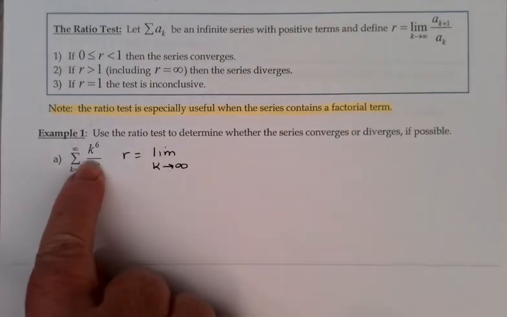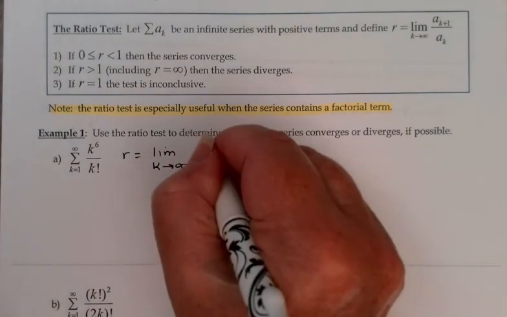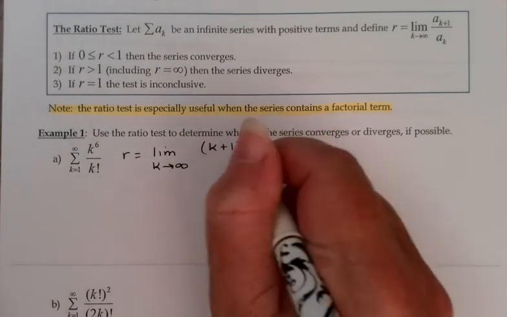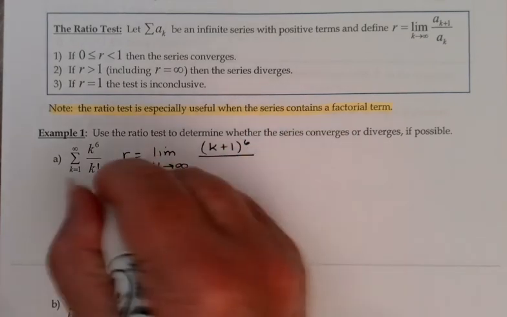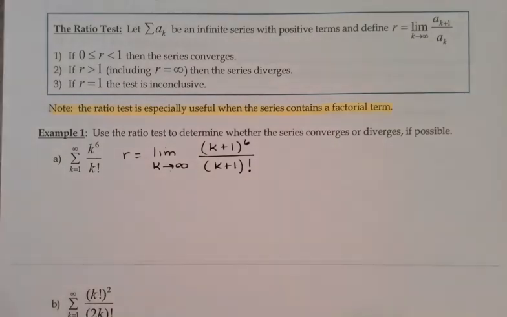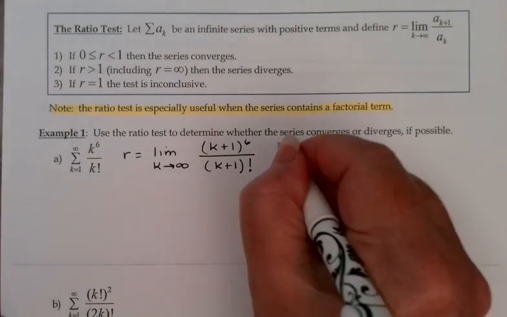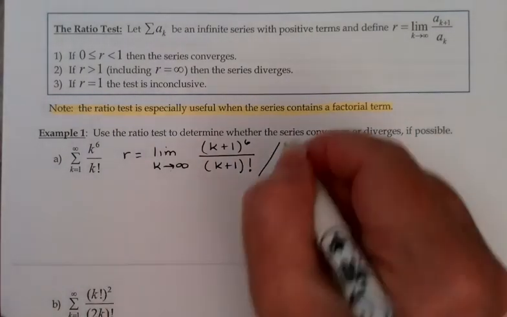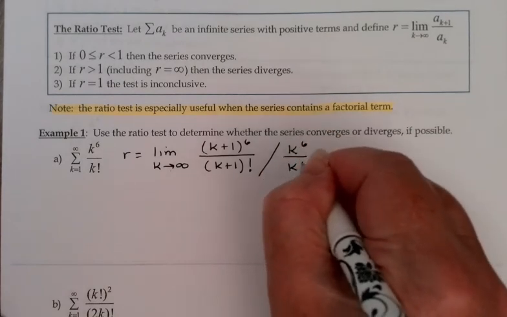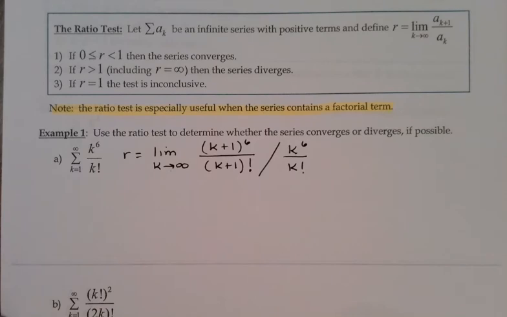Just plug k plus 1 in for the k's. So k plus 1 to the 6th over k plus 1 factorial. That's divided by a sub k, which is k to the 6th over k factorial.